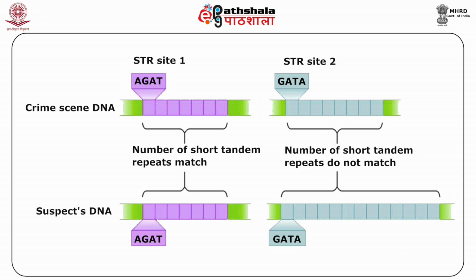Similarly, at another STR at site number 2, GATA, the number of short tandem repeats here does not match with the suspect's DNA.